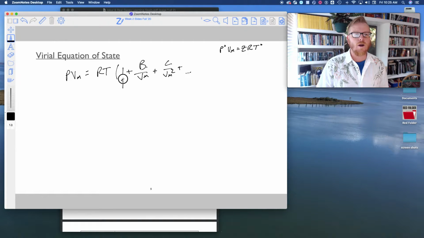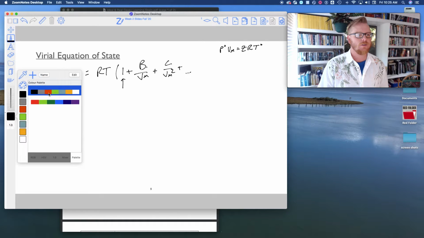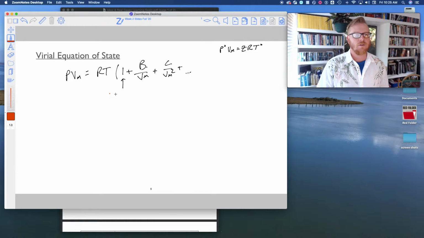And so this number 1 here, this is what we call the first virial coefficient, okay? This B term is the second, C is the third.